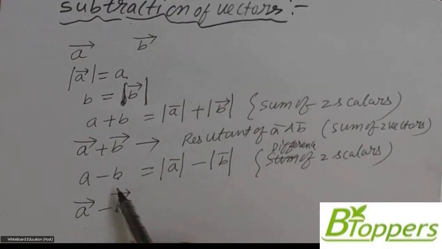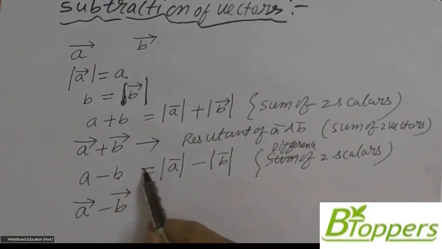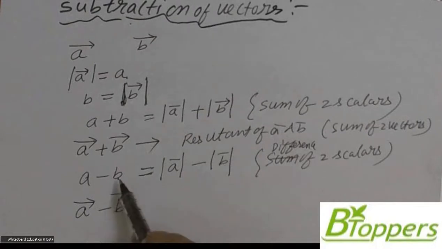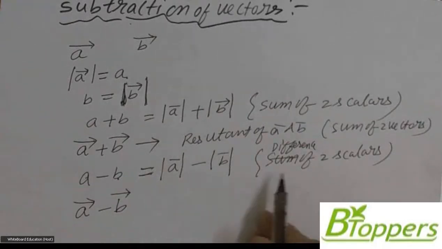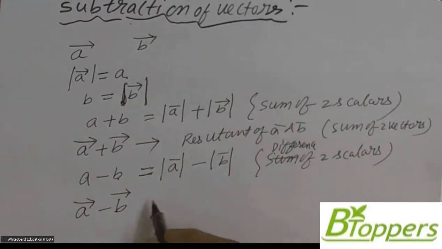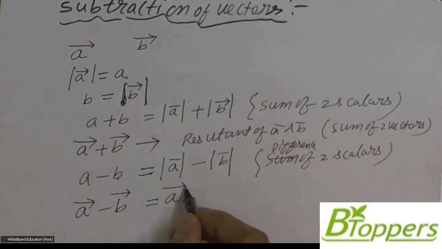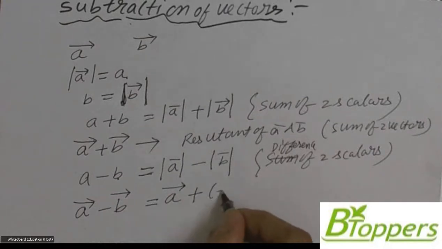You must clearly know and keep in mind the difference between vector subtraction and algebraic subtraction. When you write A minus B, it just represents the ordinary difference of the magnitudes of the two vectors, or the difference of two scalars. But when you write A bar minus B bar, it is the difference of two vectors. The difference of two vectors is again a vector.